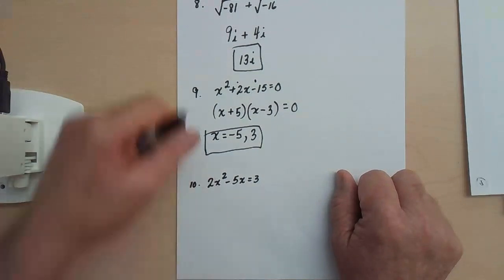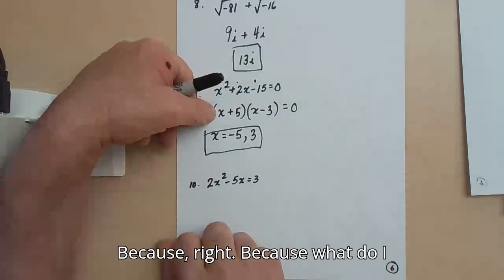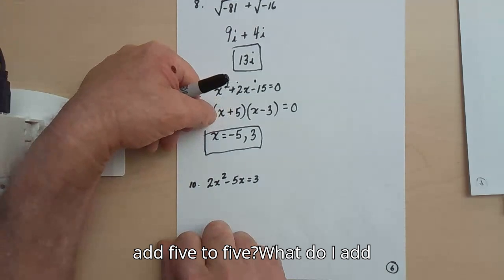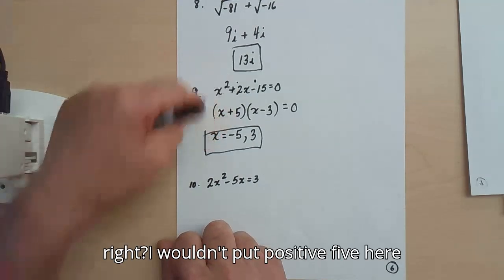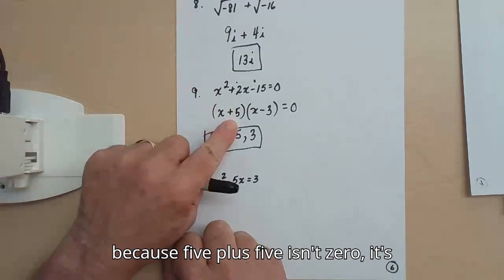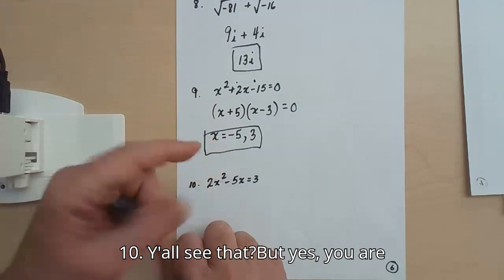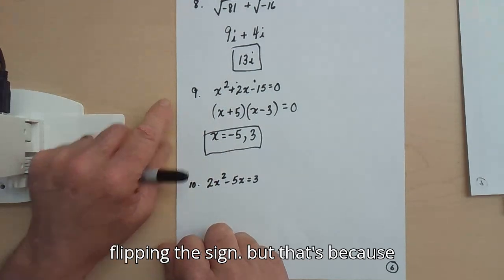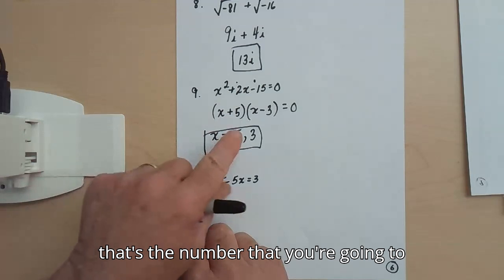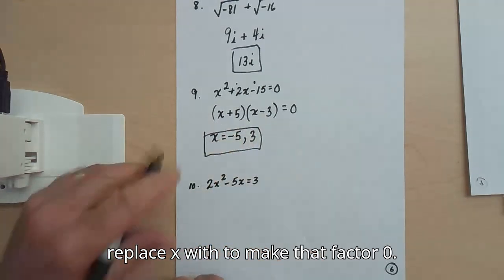Because it gets you to 0. What do I add to 5 to get 0? Well, -5, right? I wouldn't put +5 here because 5 plus 5 isn't 0, it's 10. Y'all see that? But yes, you are flipping the sign. But that's because that's the number that you're going to replace x with to make that factor 0.